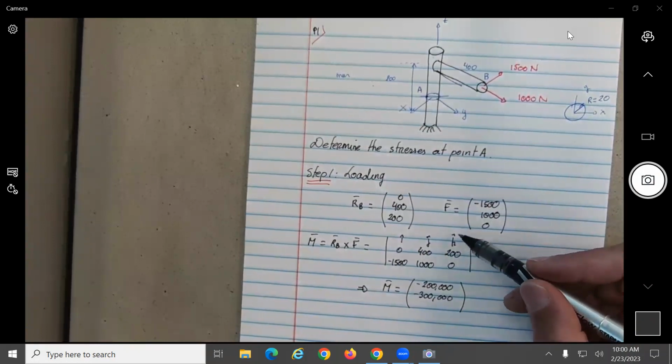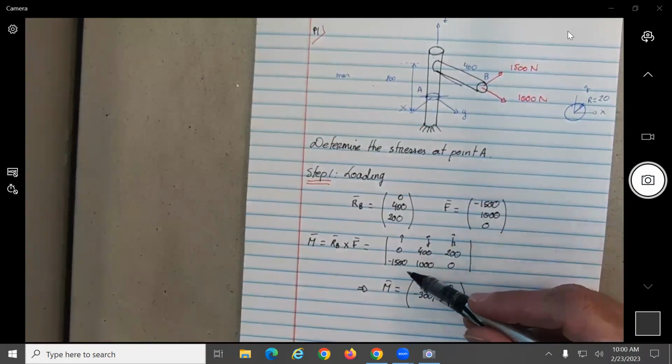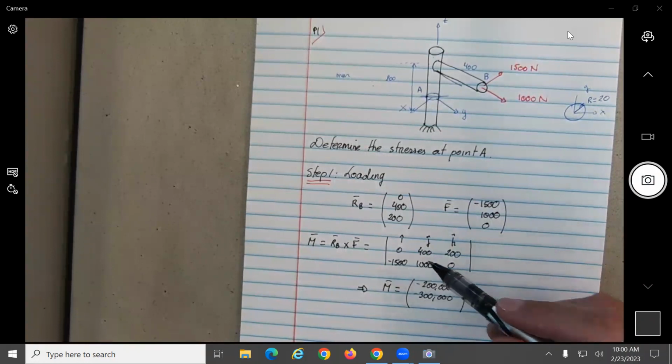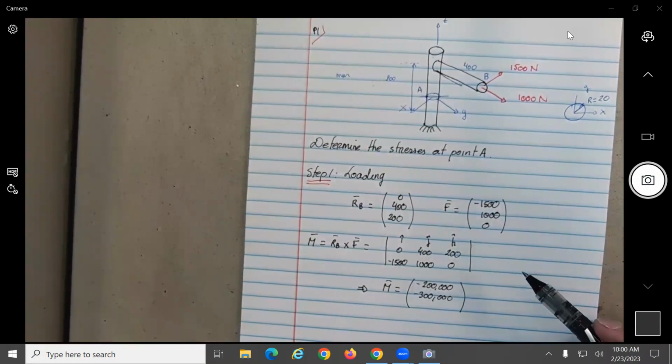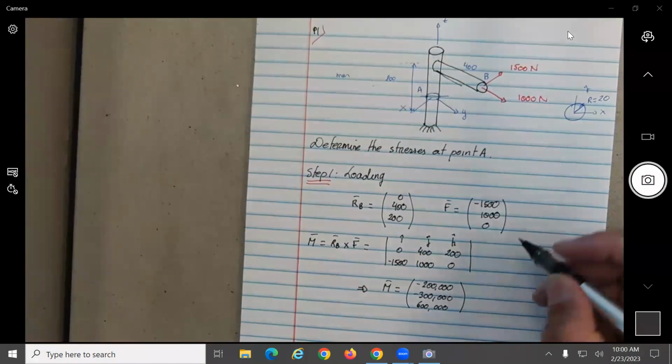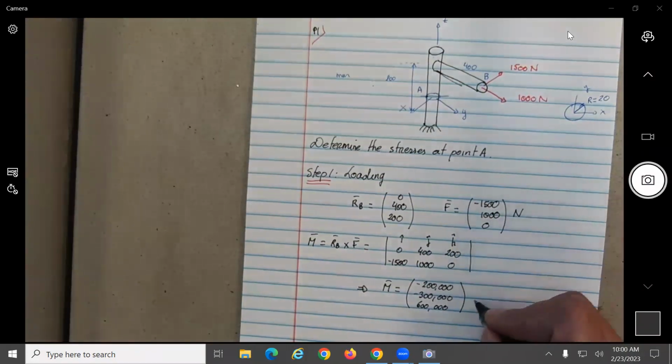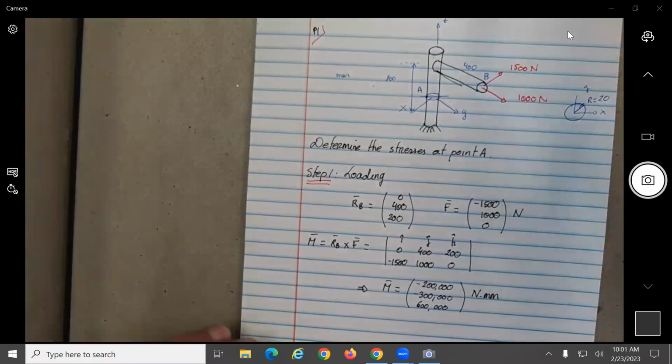The last one will be what? 0 times 1000 minus 1500 times 400. So 15 times 4 is 60. So 600,000. And units for this will be newtons, units for this will be newton-millimeters.